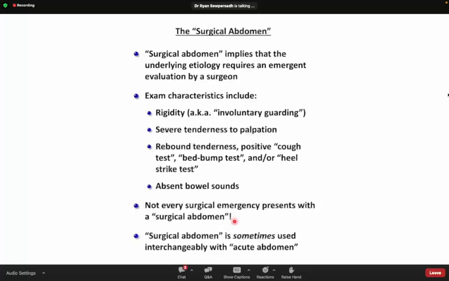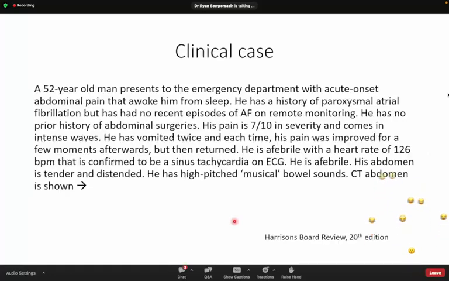So the term surgical abdomen is sometimes used interchangeably with the term acute abdomen. Because if you call the patient's abdomen acute, you might be facing a lawsuit, okay? Although some clinicians use the latter term more broadly to mean any patient with acute abdominal pain and any notable physical exam finding, irrespective of likely pathology, okay?